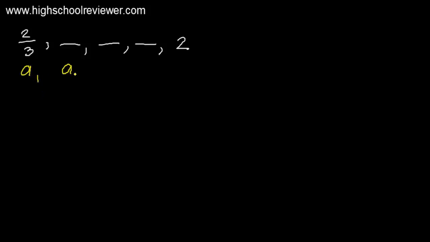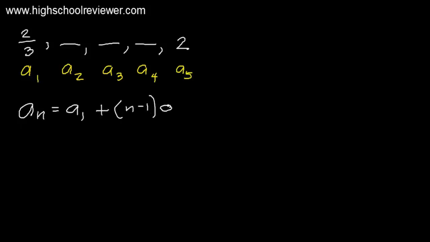This is our a sub 2, a sub 3, a sub 4, and a sub 5. Now, to find for a sub 2 up to a sub 4, we are going to use the formula a sub n is equal to a sub 1 plus n minus 1 multiplied by d.